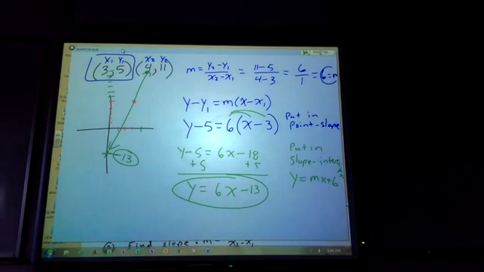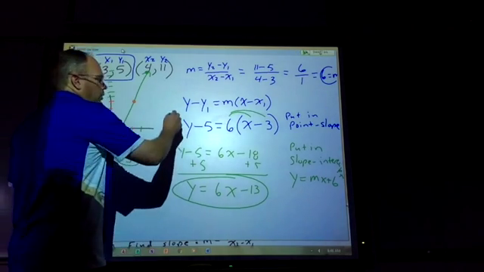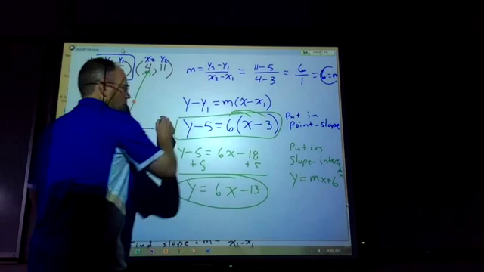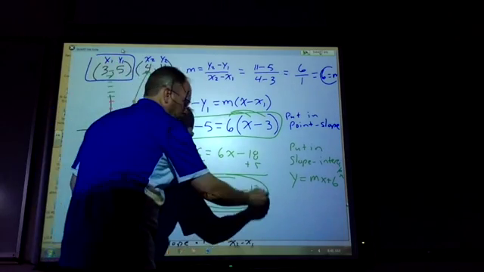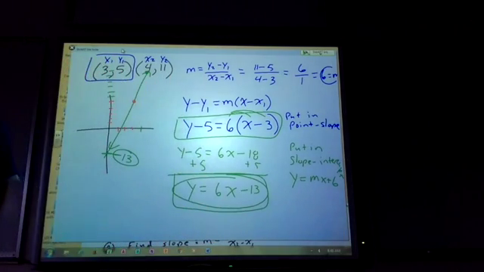Okay? So you might come across a problem that says, hey, put it in point slope. And you might come across a problem that says, put it in slope-intercept. So if it says put it in point slope, it's one step less. If it says put it in slope-intercept, do that. Okay?